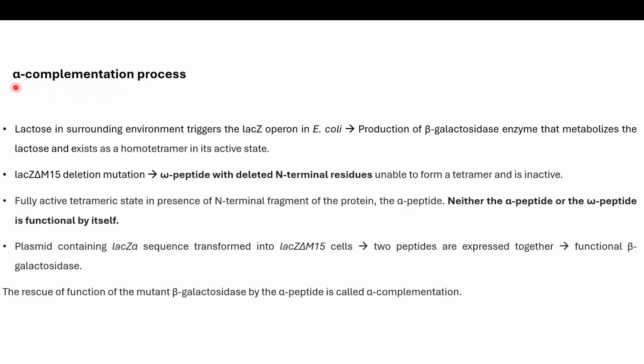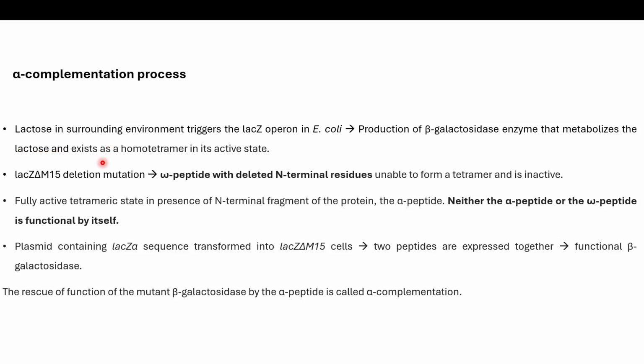In general, we know about the lacZ gene, the lac operon in bacterial cells. Lactose in the surroundings triggers the lac operon in E. coli, which leads to the production of the enzyme beta galactosidase, that metabolizes the lactose and exists as a homotetramer in its active state.